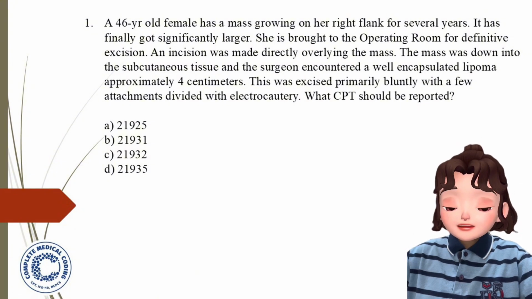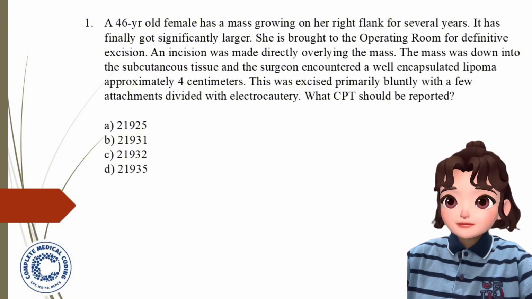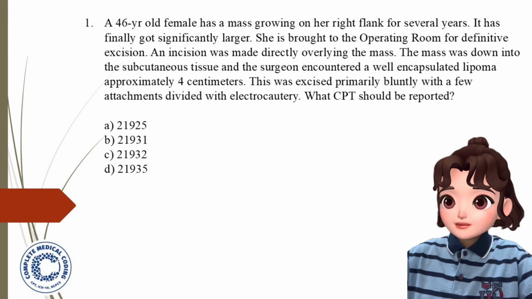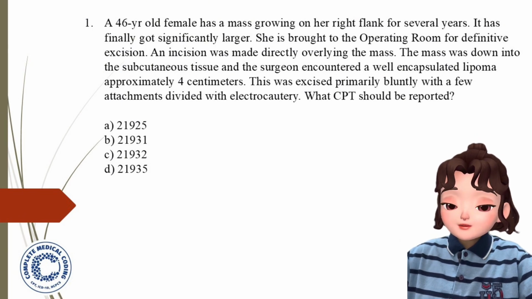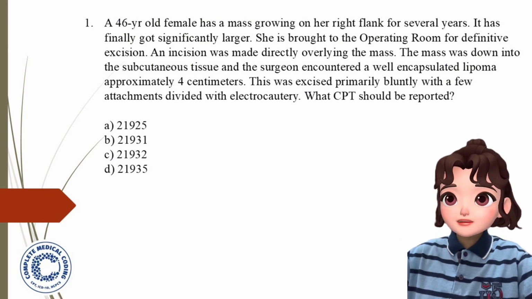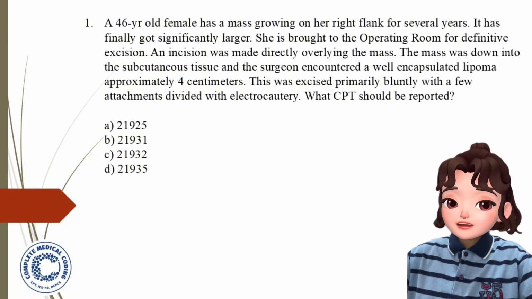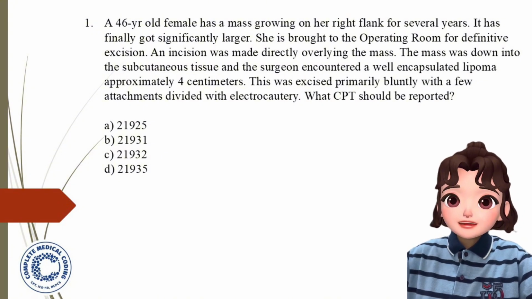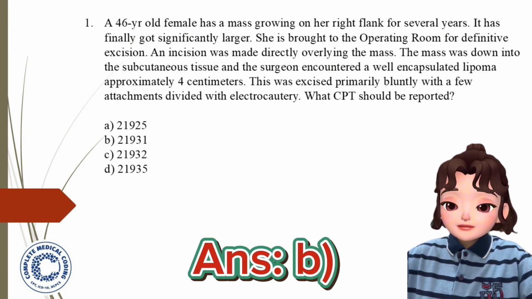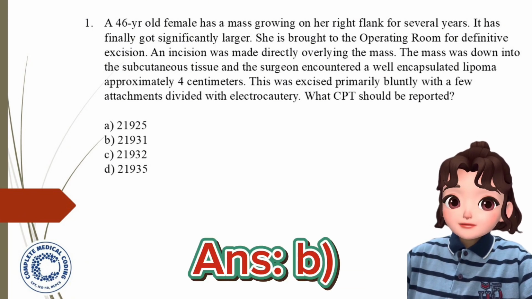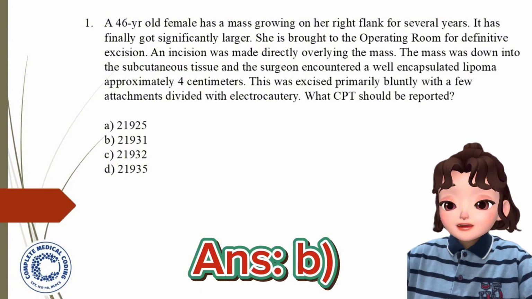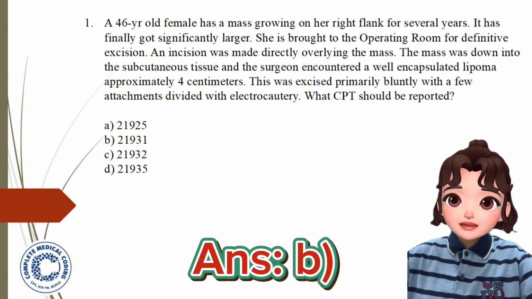And 21935 is radical resection of tumor, less than 5 centimeters. No, this is excision of tumor, subcutaneous, because in the question it is mentioned the mass was down into the subcutaneous tissue. So the answer is option B, 21931: excision of tumor, soft tissue of back or flank, subcutaneous, 3 centimeters or greater.